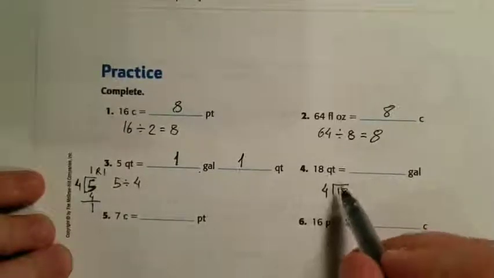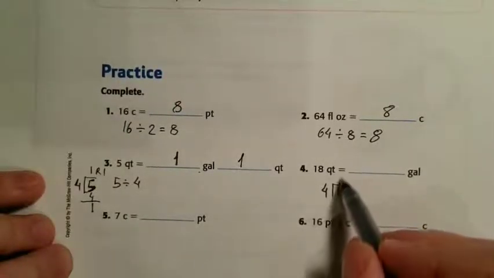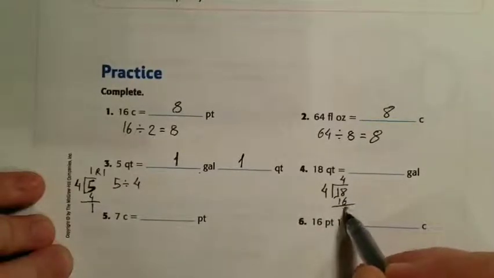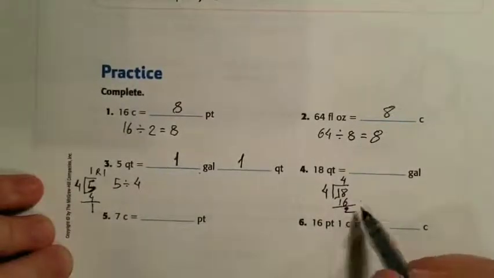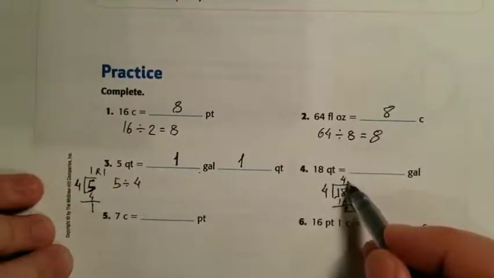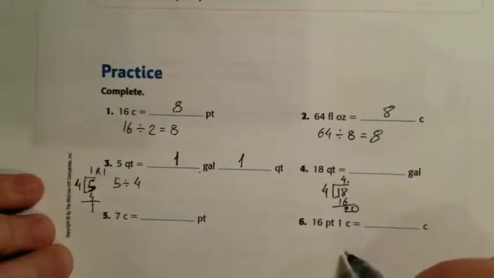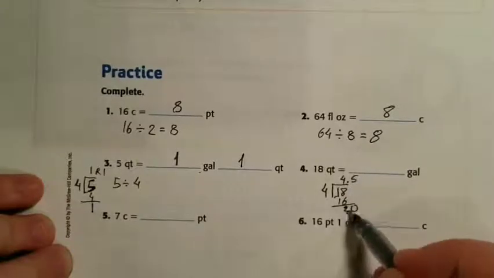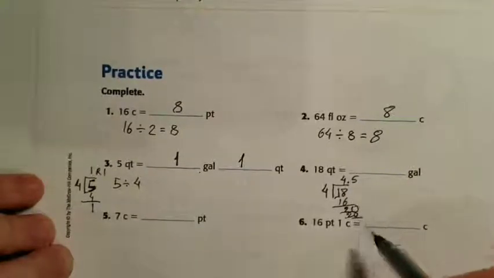So let's do that. 4 goes into 18 4 times. 4 times 4 is 16, and when we subtract, we get a 2 remainder. We're just going to keep continuing. We put our little decimal point because there are no more numbers, and we bring the 0 down. 4 goes into 20 5 times, and now there's a 0 remainder.